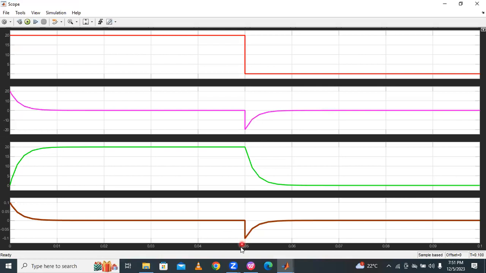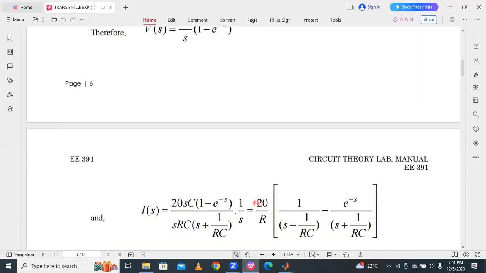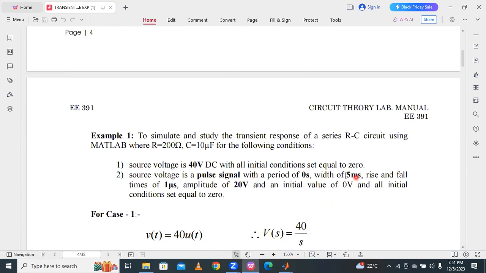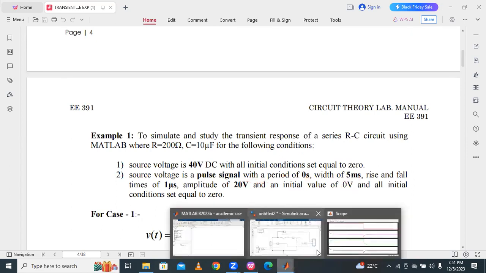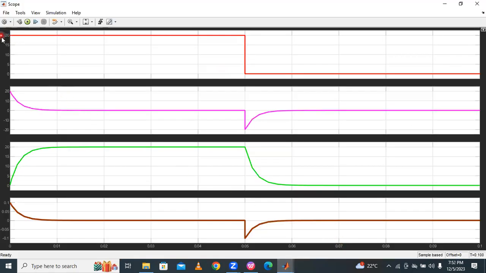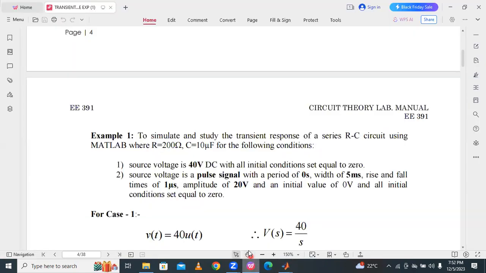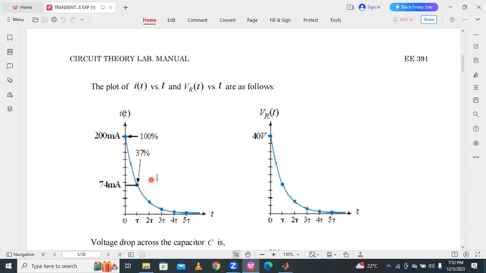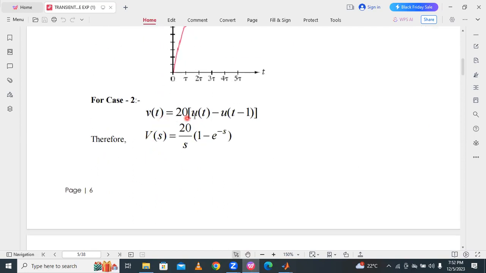According to our problem, the pulse width is 5 milliseconds, that is 0.05, and the amplitude is 20. So v of t is equal to 20 into u of t minus u of t minus 0.05.